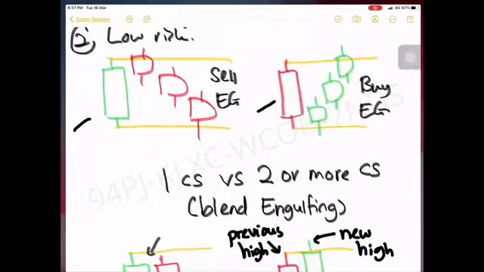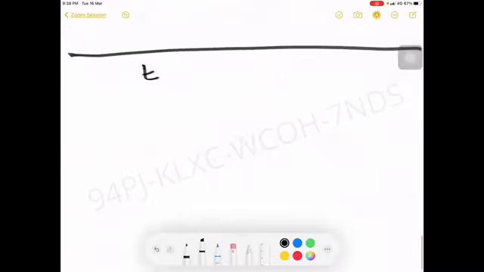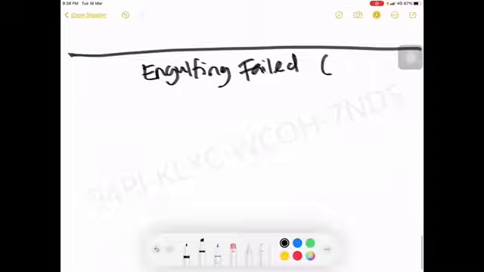Okay, so now we are going to EF. This is the next one. So we're going forward to EF. Engulfing fill. Like this. Engulfing fill.